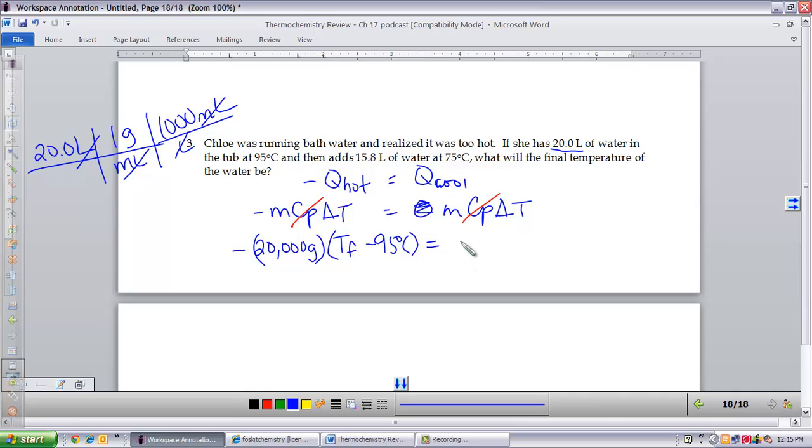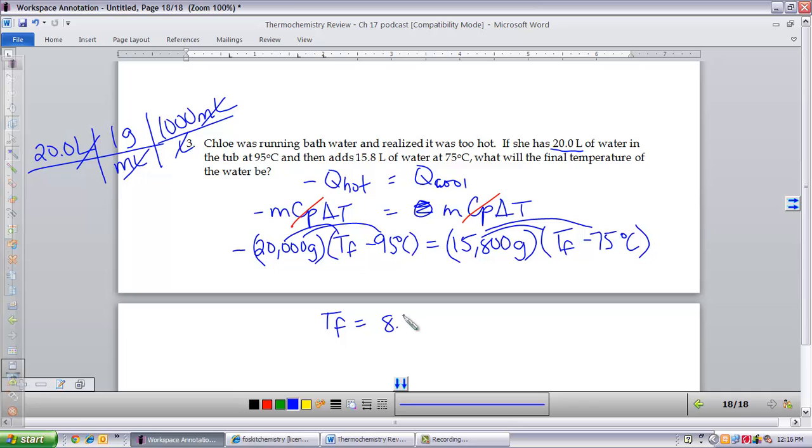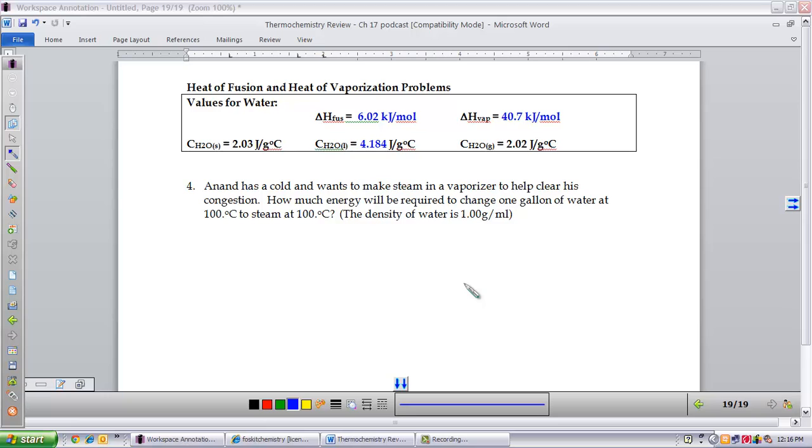And then our mass of cool water, you can use the same kind of calculation, and it ends up being 15,800 grams. We've canceled our Cp. Final temperature minus it started out at 75 degrees. So don't forget to distribute. You need to distribute that out. When you solve for T final using your normal algebra, you get 86.2 degrees C as the final temperature of adding these two waters together. Now let's look at a little bit different.